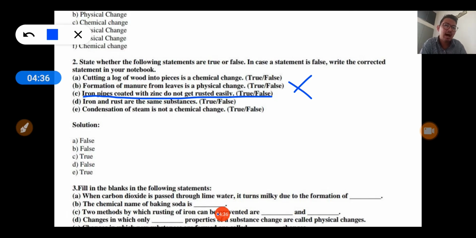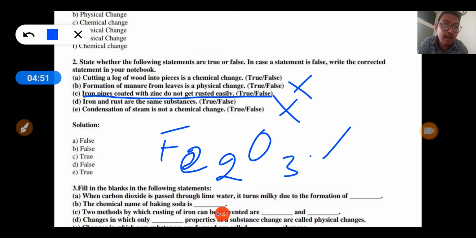Part number D, iron and rust are same substance, is absolutely false, because iron is a metal and rust is a chemical substance, and its formula is Fe2O3.xH2O. X molecule of water means we don't know how many molecules of water are there.